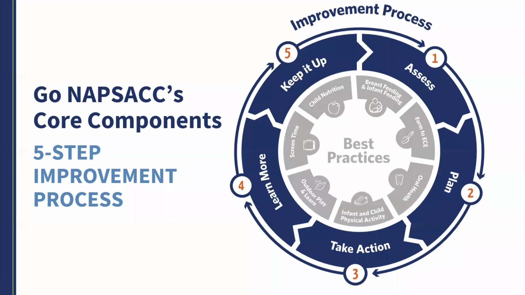Go NAPSACC has built into it trainings for each of those subsections. As I showed you in child nutrition, there's a food provided section and a feeding practices section. Each of those sections has its own half-an-hour training in Go NAPSACC, so I can show those to you soon as a way to learn more. And certainly all of you as consultants hopefully are connected to what other trainings are available in their community to help them get started.